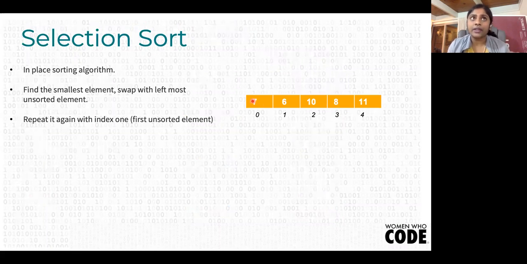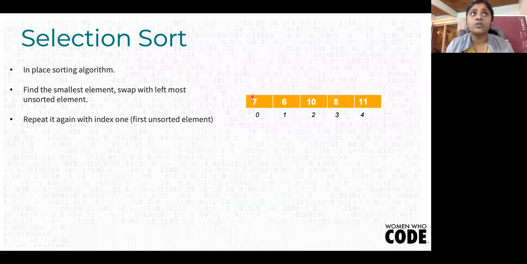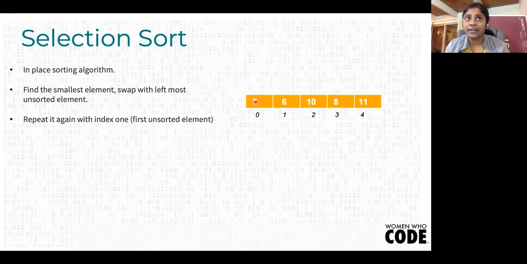So here is an array that has 7, 6, 10, 8, 11. We have an index counter at the first element, or let's say, to make it simpler, a count variable. So count variable is 0. And now starting from 1 till the end of the array, you're going to find what the smallest element is.